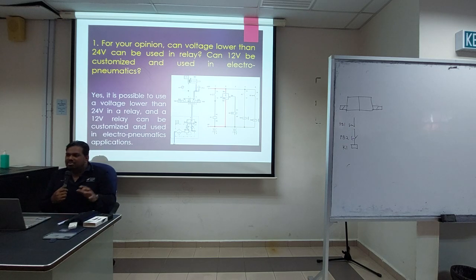So that's why when you buy something, selalunya apa yang dia akan bagi? Kalau you beli seorang electrical equipment ataupun komponen, apa yang dia akan bagi? Kita tengok warranty kan. Tapi dia ada bagi satu lagi, together with that, user manual.